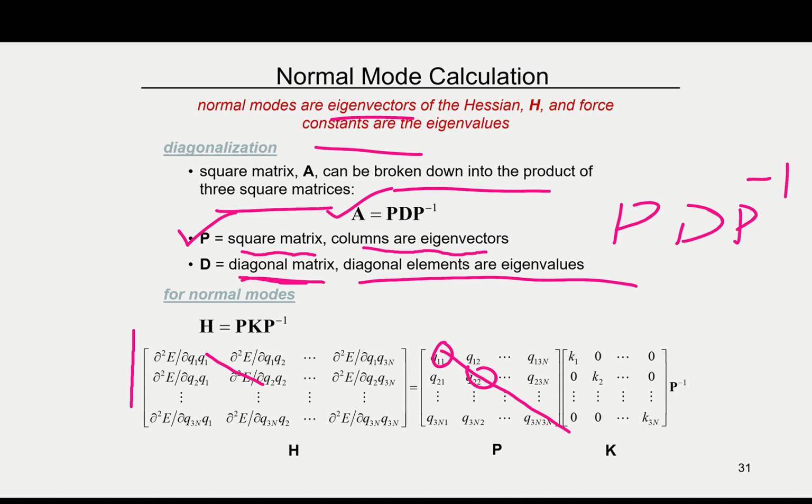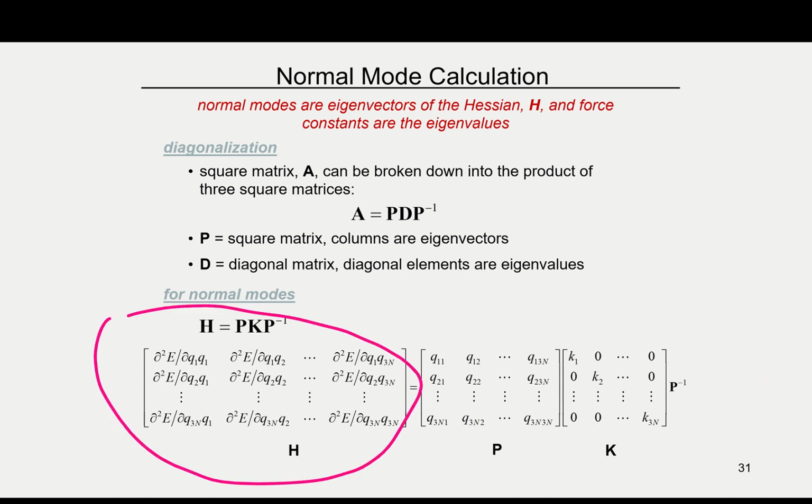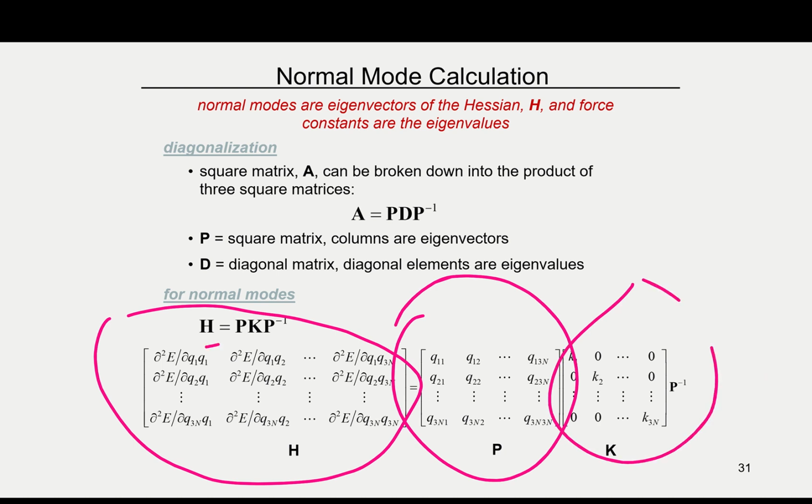You can see in here Q11, Q22, up to 3n, 3n. In here you can see K1, K2, K3, up to K3n, and so on. These are diagonal, so when they are diagonal, they will give you these. Now this whole is the Hessian H, this whole is P, this is K. So it gives you H is equal to P K P minus 1.